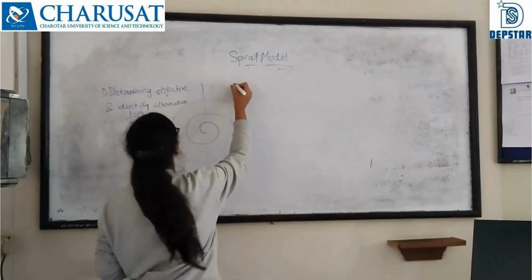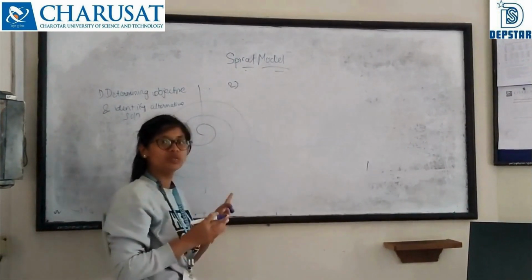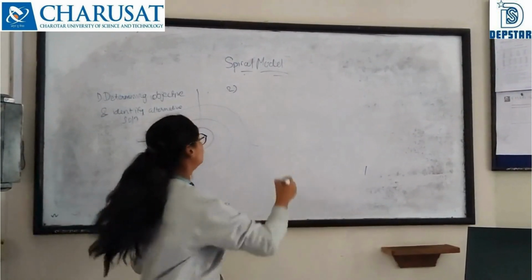The next phase is identifying and resolving the risk, which is one of the most important phases in this spiral model.